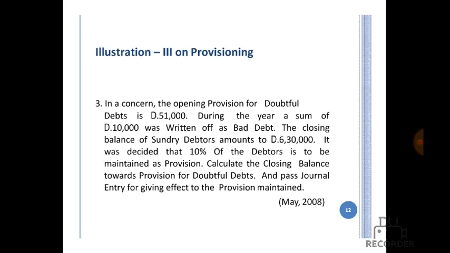The closing balance of sundry debtors is rupees 6,30,000, and it was decided that 10% of the debtors is to be maintained as provision. Calculate the closing balance of provision for doubtful debts and pass the general entry for giving effect to the provision mentioned.